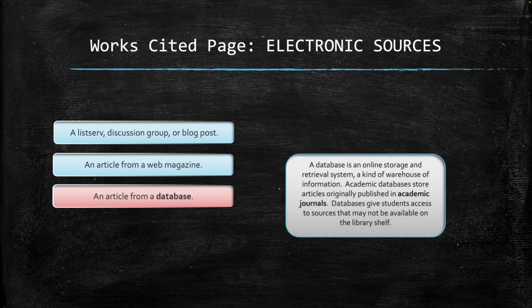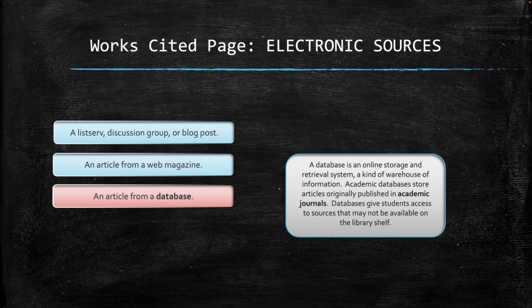So a database is essentially an online warehouse, a storage and retrieval system. Databases are not publishers. They don't publish anything, but they do store articles that were originally published somewhere else. So, for example, academic databases store material that was published in academic journals.